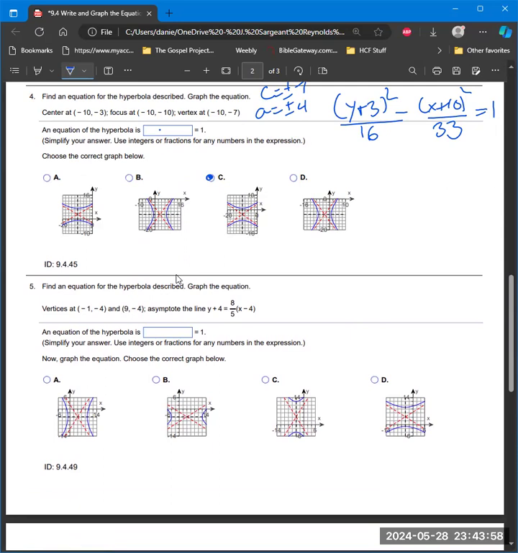Vertices here, so that means the center is halfway in between. That's going to be at 4, -4, and this is going to open left, right. And get rid of these that open up, down.